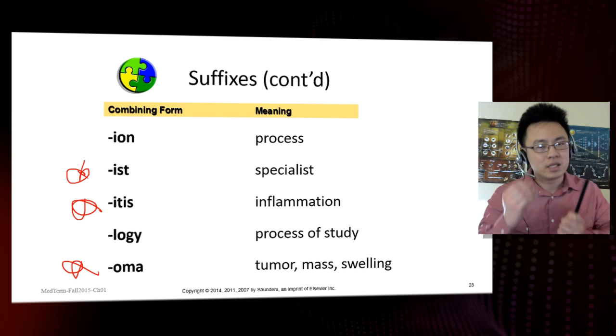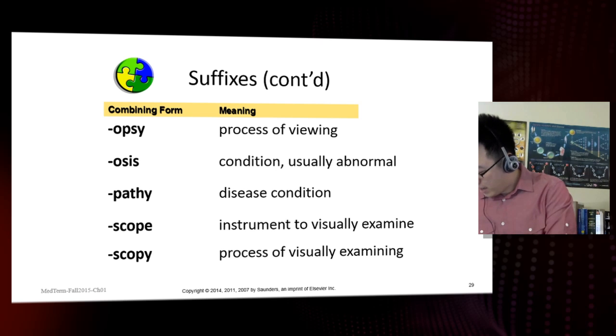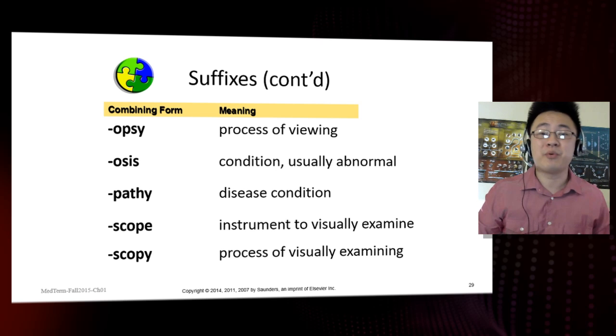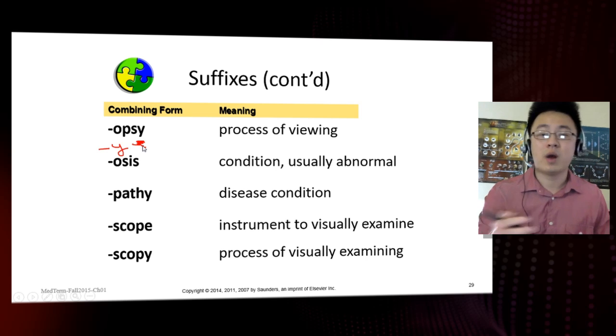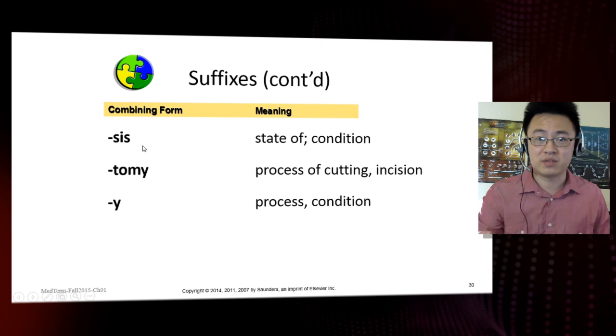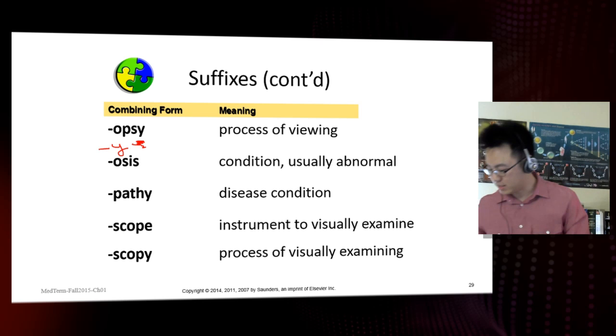Which one is it? All dependent on the context in which it's used. And then we have opsy, which is the process of viewing. Amazingly, this letter Y, just the letter Y, means process of. So just to give you a hint there. Process.